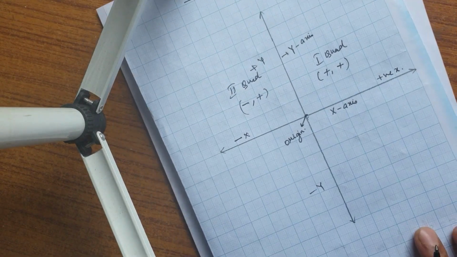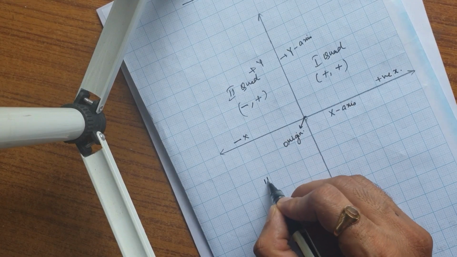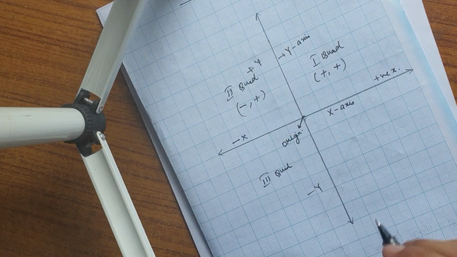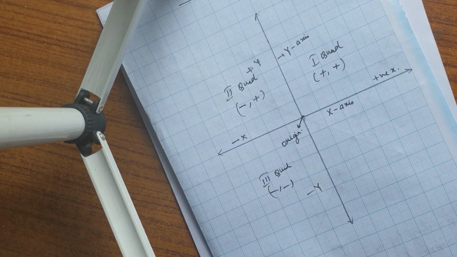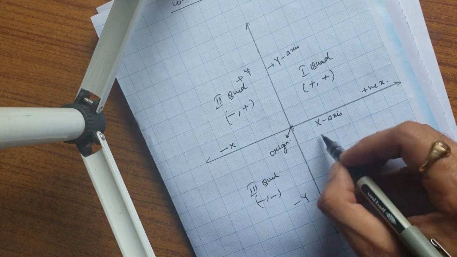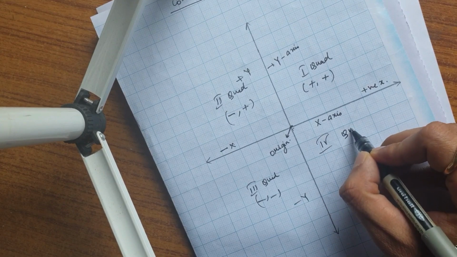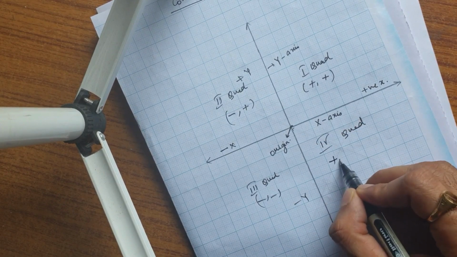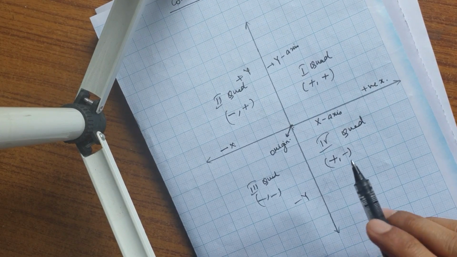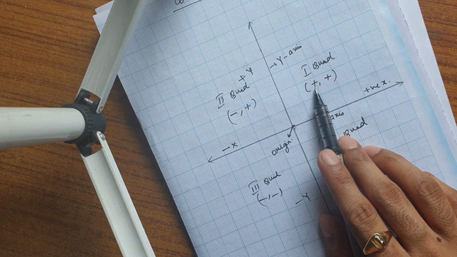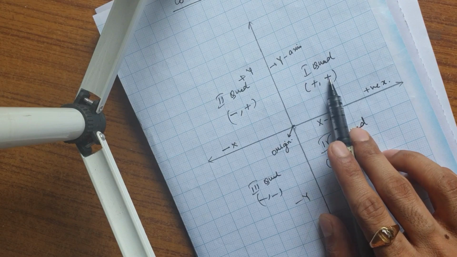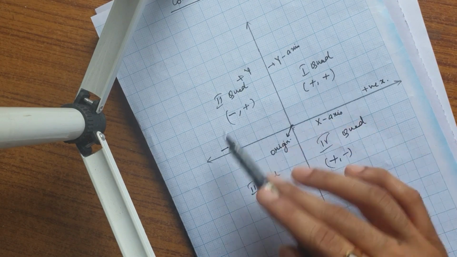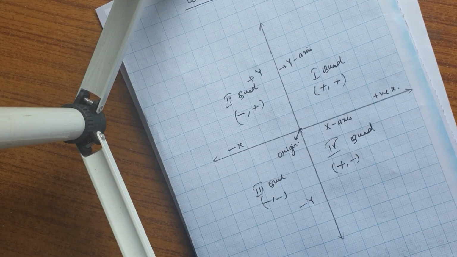This is your third quadrant, in which x is negative and y is also negative, so the signs are negative, negative. In the fourth quadrant, x is positive and y is negative, so the sign is plus, minus. Remember, the first value always denotes the x coordinate, and the second value always denotes the y coordinate. I hope you know the signs too.